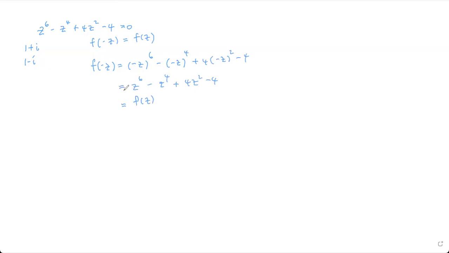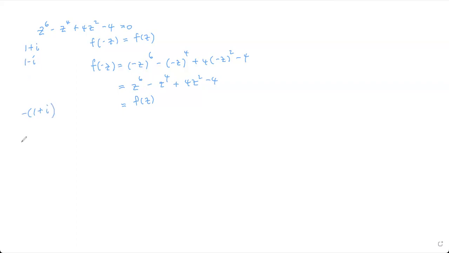So what else can I infer after knowing that this is an even function? That means the roots will be the negatives of each other. In other words, if 1 + i is a root, then -(1 + i) will be another root.